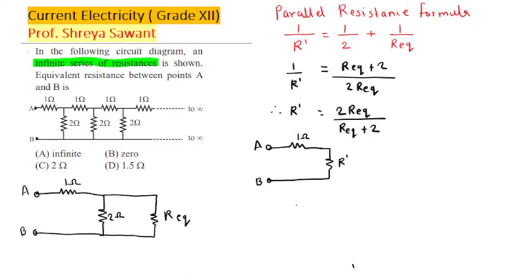So finally R equivalent is equal to 1 plus R dash. Now we just put the value of R dash: 1 plus 2 into R equivalent divided by R equivalent plus 2.